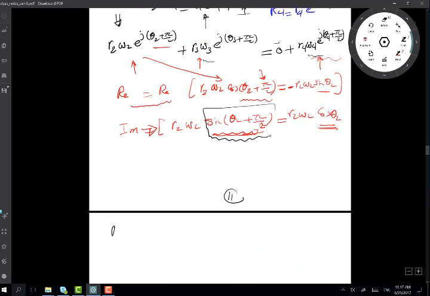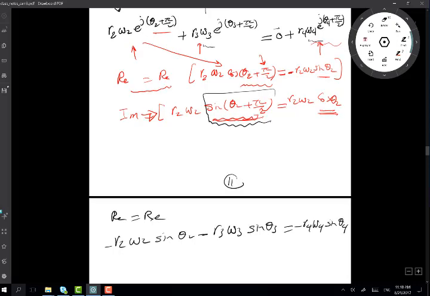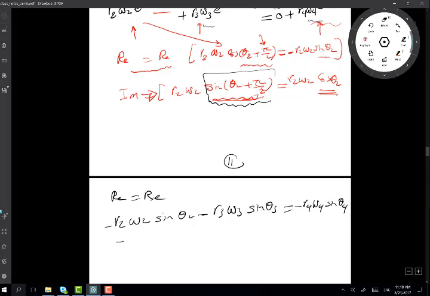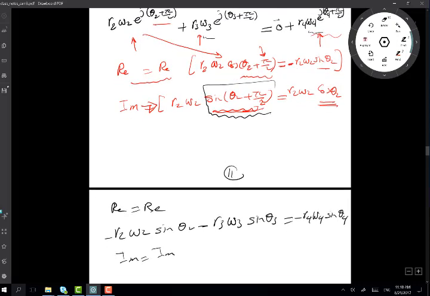So now, real is equal to real. The real part on the left-hand side will be minus R2 omega 2 sine theta 2, then minus R3 omega 3 sine theta 3, is equal to minus R4 omega 4 sine theta 4. And then imaginary is equal to imaginary. The imaginary part, sine of theta plus 90, is cosine theta.